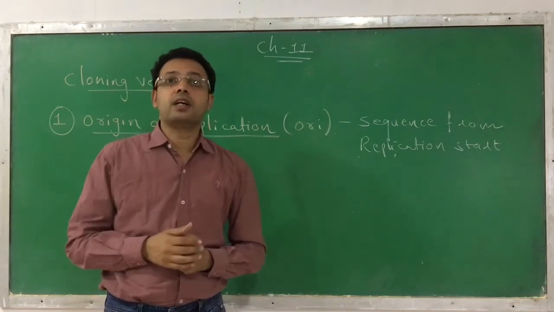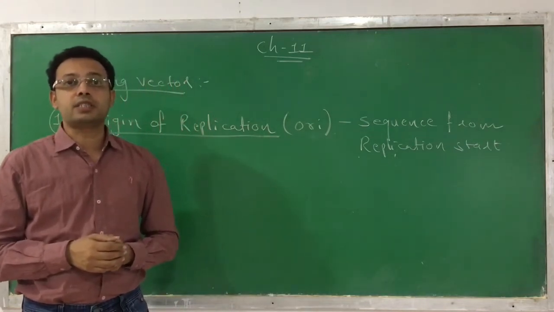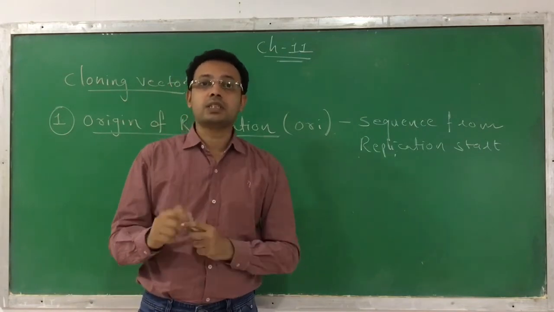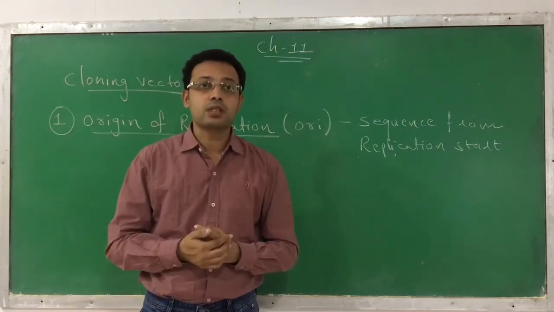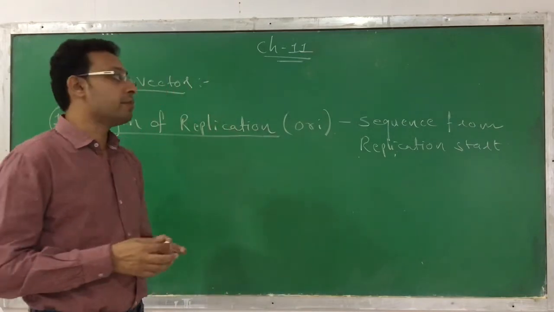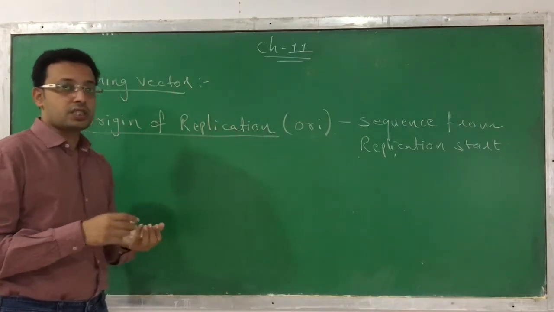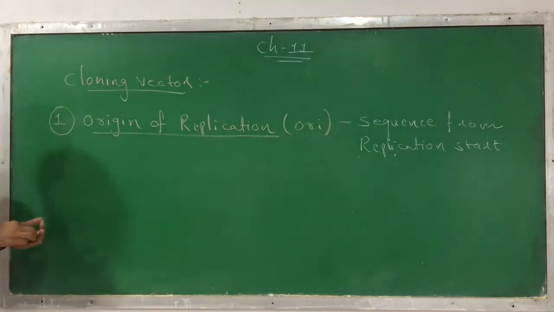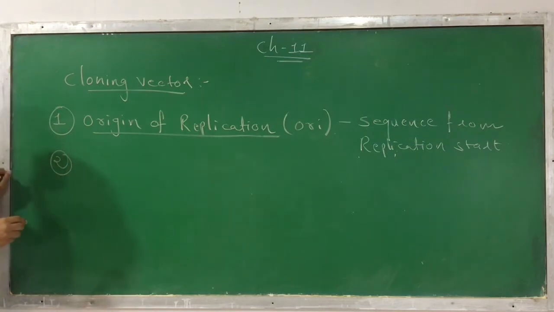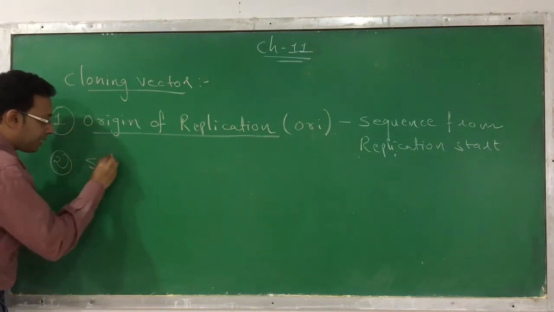One of the other functions of the origin of replication is that it also controls the copy number. So we should select in such a way that high copy numbers are produced. This is the first requirement that we can see in the cloning vector. The second requirement is the selectable markers.